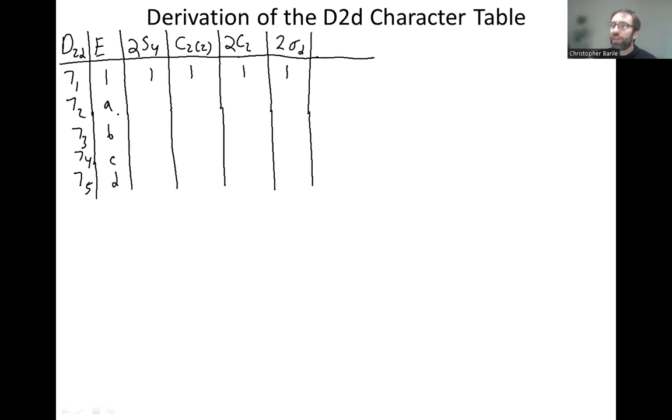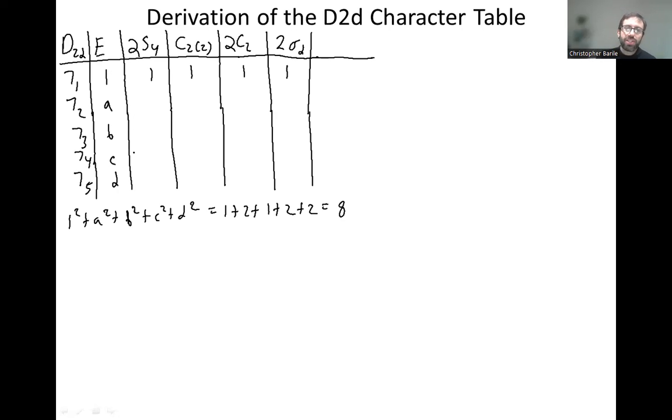But we know another character table rule, again, see the character table rules video, that the sum of the squares of the dimensionalities has to equal the number of operations in the point group, which is also called the order of the point group. So in this case, what that means is 1 squared plus a squared plus b squared plus c squared plus d squared has to equal 1 plus 2 plus 1 plus 2 plus 2, which we figured out before was equal to 8, the total number of symmetry operations in the point group.